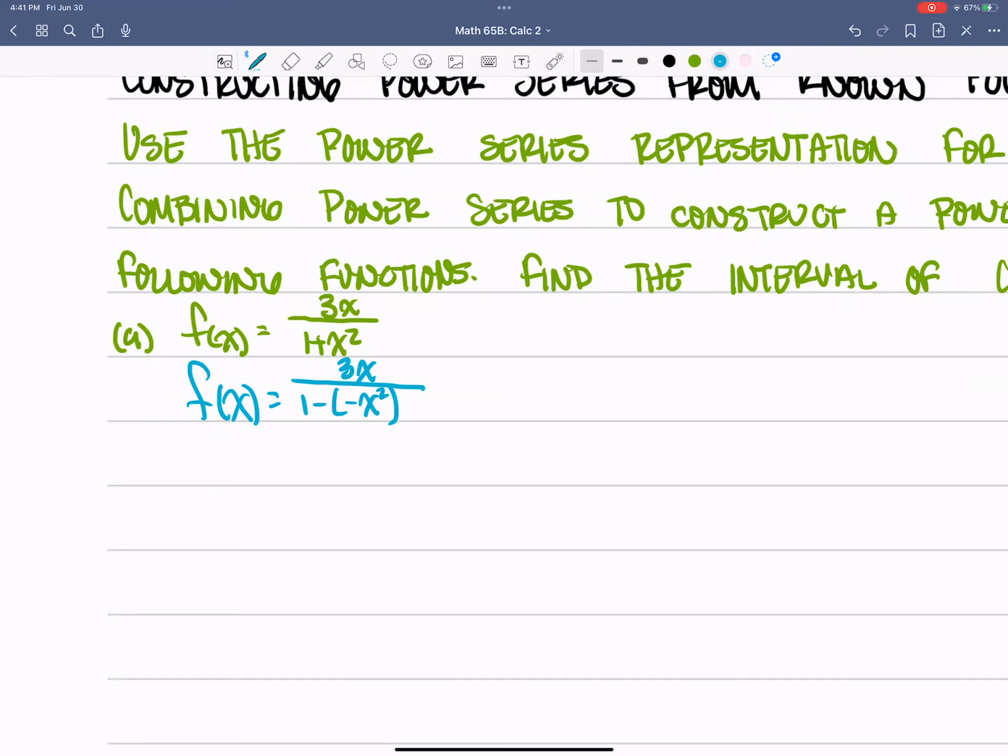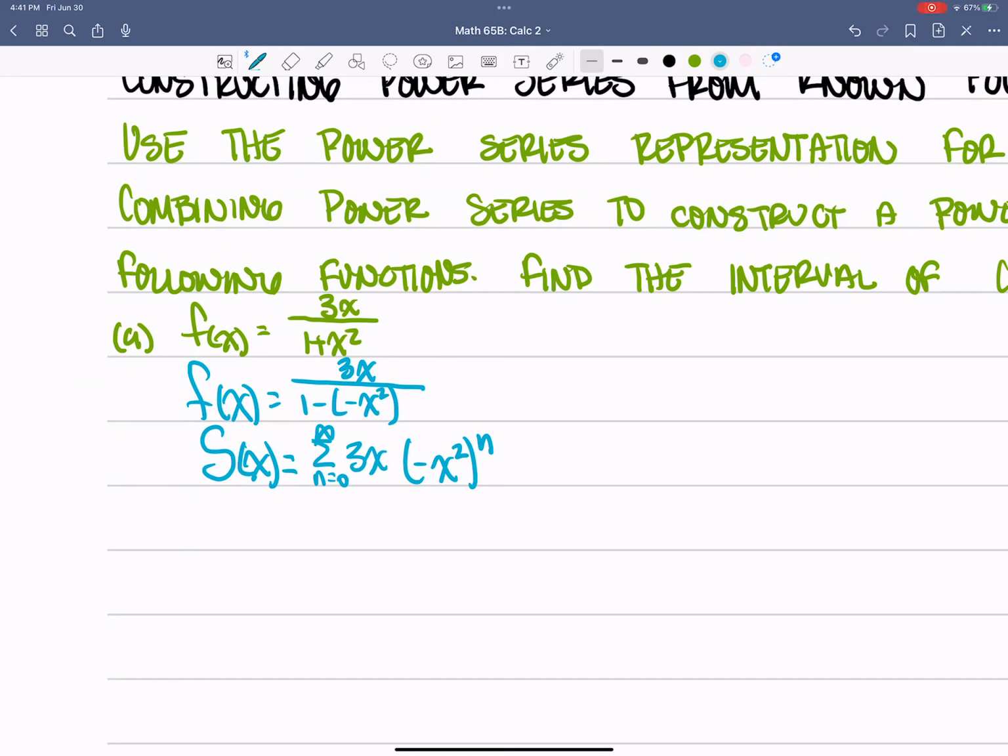Now that we have that, we can turn it into a geometric sum. So s of x is equal to the sum as n goes from 0 to infinity. We have our very first term, 3x, and from there we're multiplying it with our geometric sum. This here is our ratio, so that is simply going to be negative x squared to the power n.